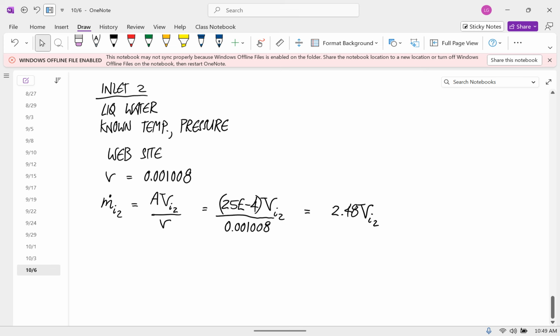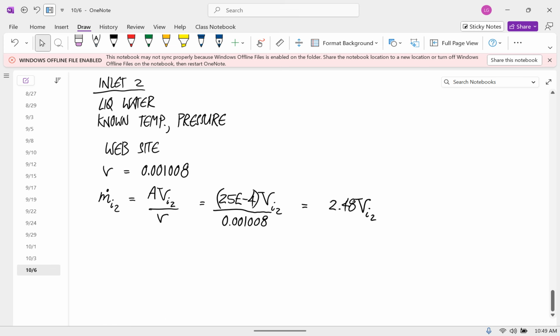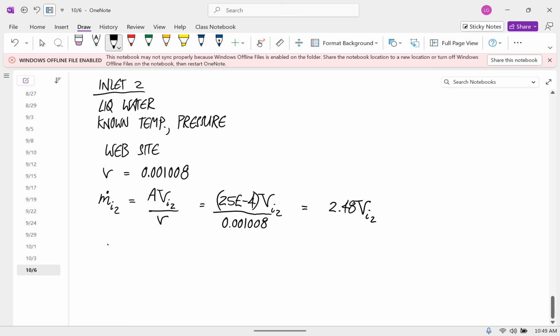And then we'll go to the exit. And we're told that this is saturated liquid water at a known pressure.